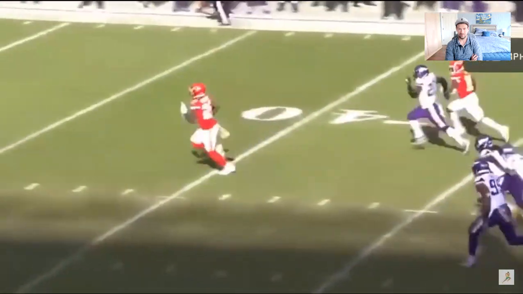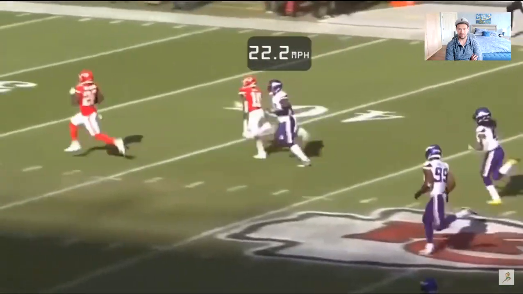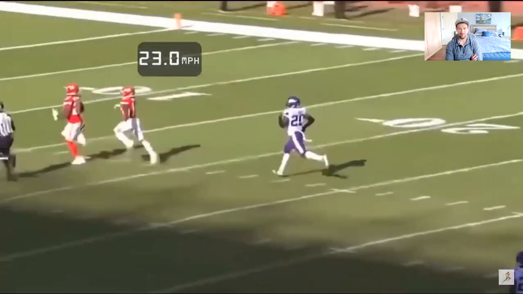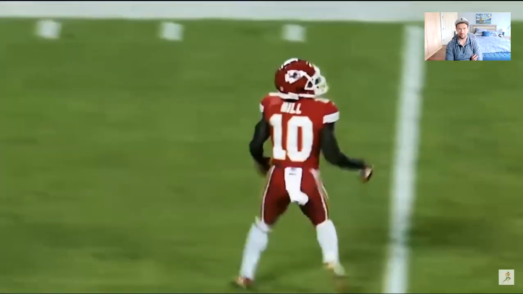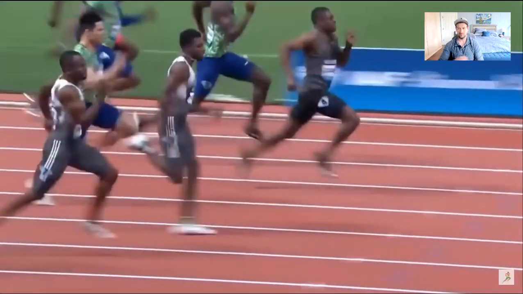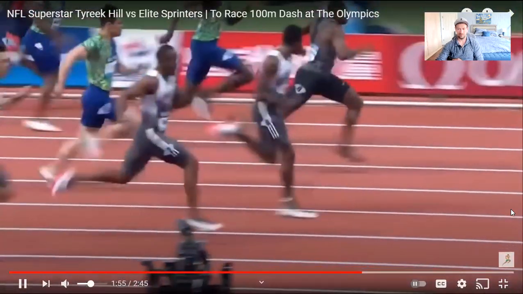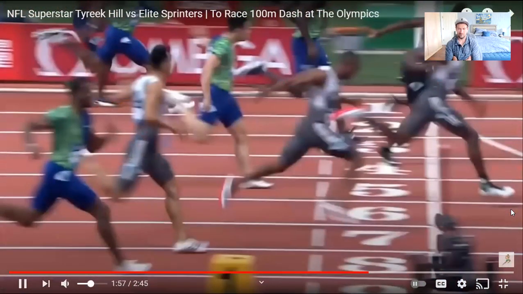Tyreek Hill is the fastest NFL player. No one in the world can run as fast as Hill on a football field. However, sprinters don't have to wear pads and have people trying to tackle them. Success for a 100-meter sprinter comes from reaching and maintaining superior velocity on the track.